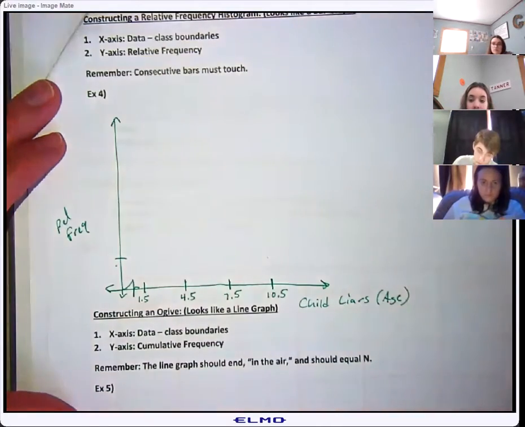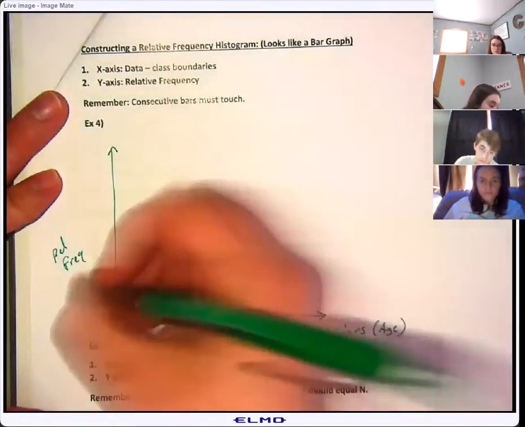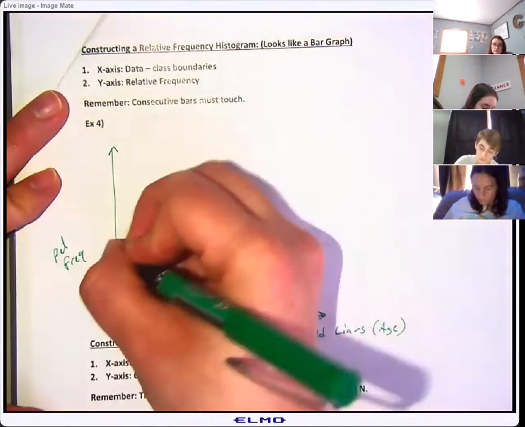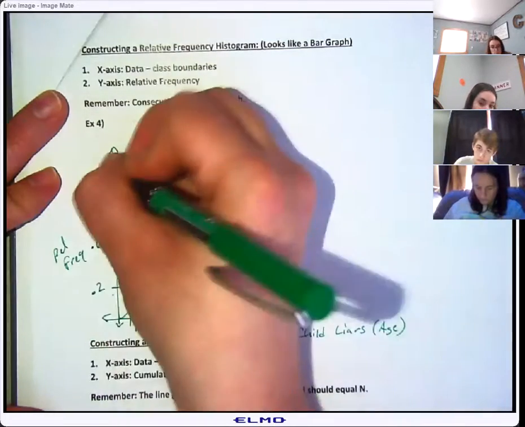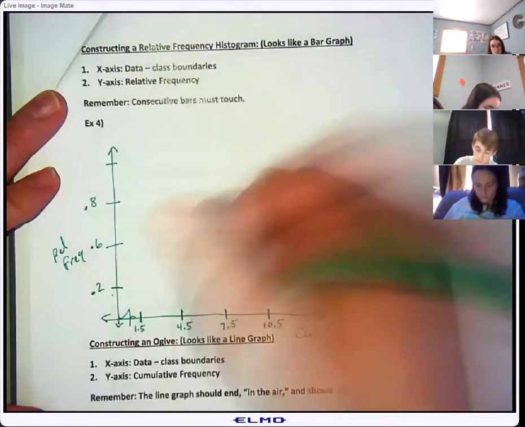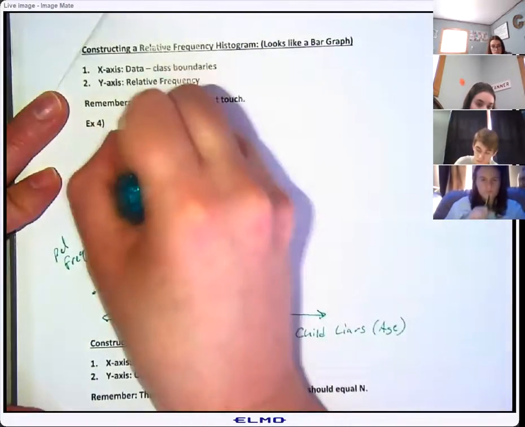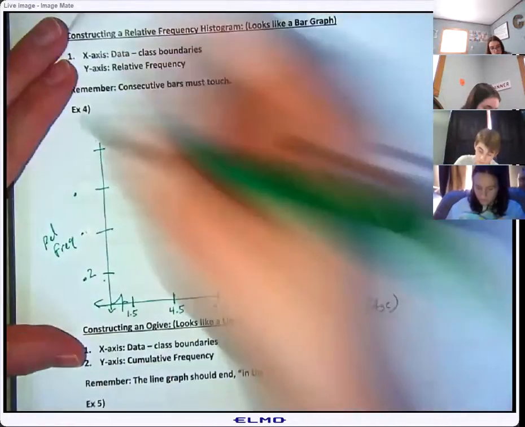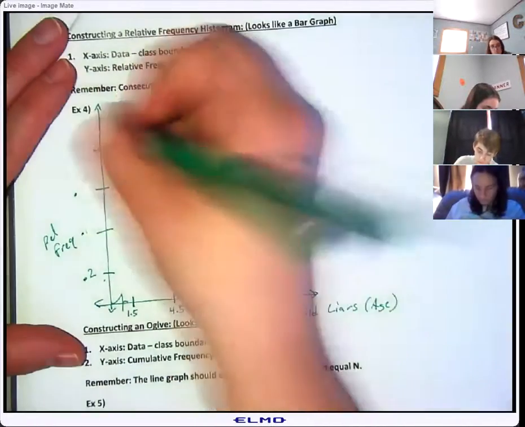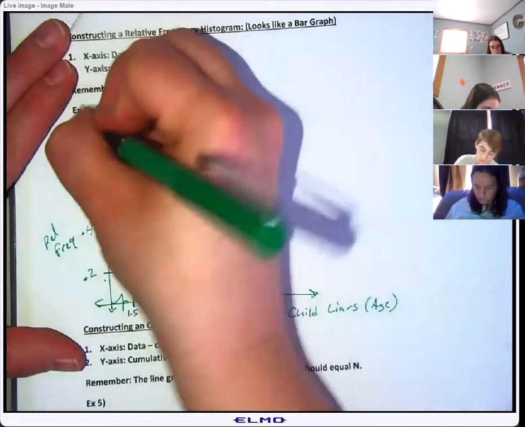And this is a relative frequency histogram. 0.2, 0.6, 0.8. Oh, 0.4 comes after 0.2. Am I a math teacher? Probably not. All right, 0.4, 0.6, 0.8, 1.